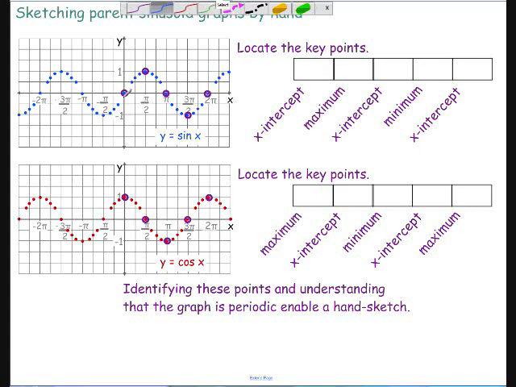So, our first critical point is located at, my y, of course, is 0 for all my x-intercepts, and this is at angle 0. This next one is at angle pi, and this last one is at 2 pi.